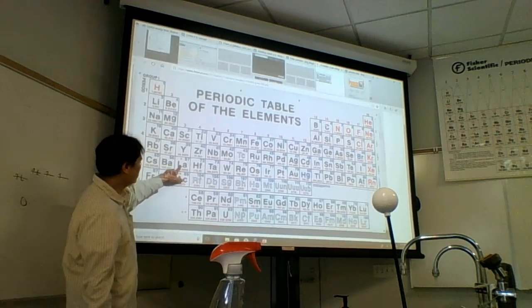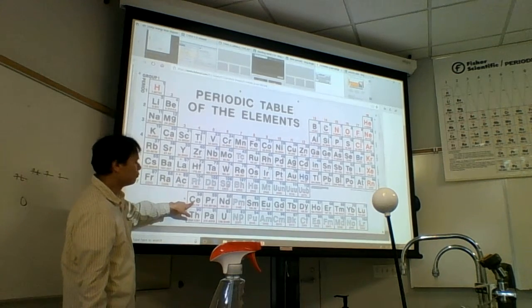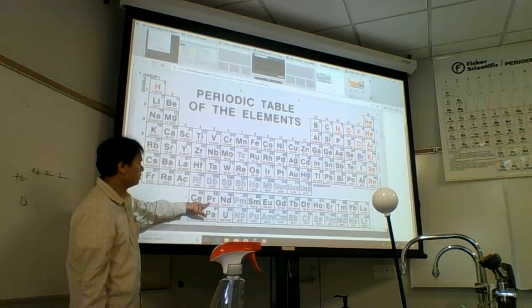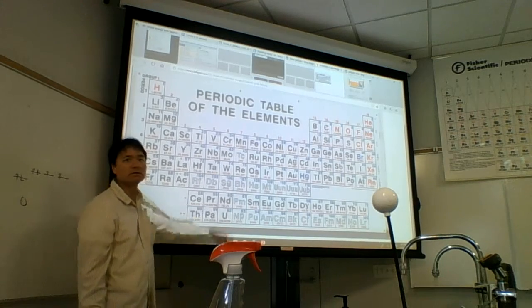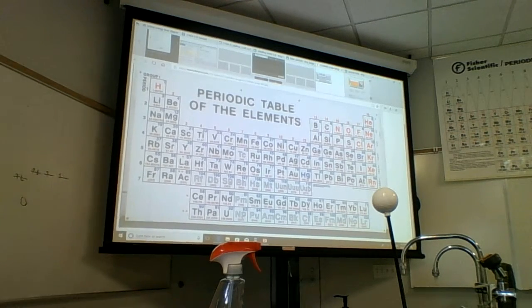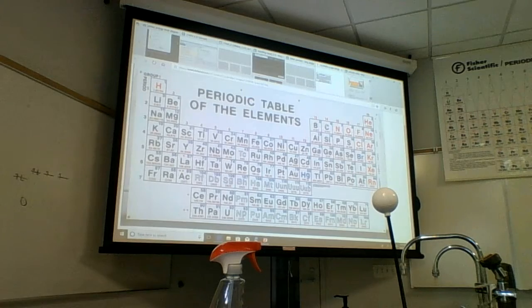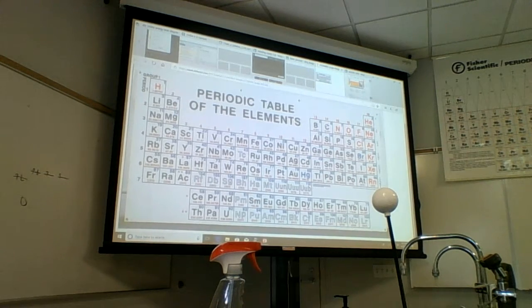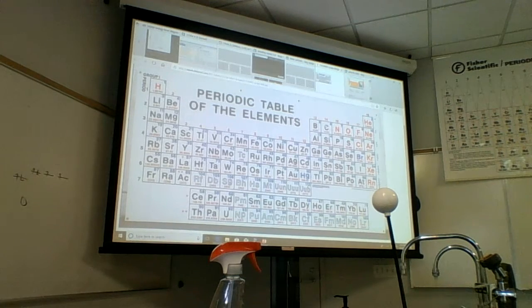So it goes 5d1 and then 4f1, 4f2, 4f3. So this is weird. Even though it goes 5d1, it's 4f3. That's based on the periodic table.